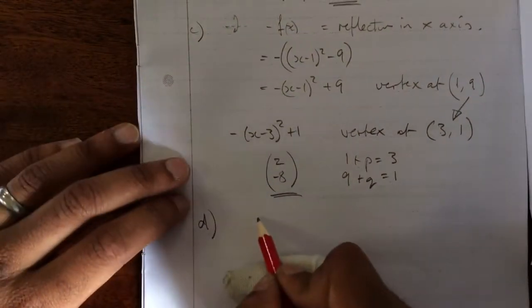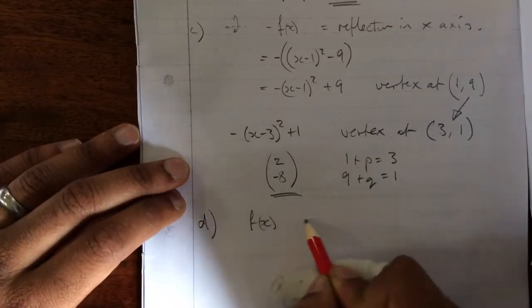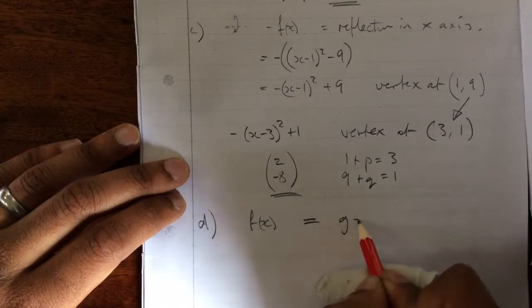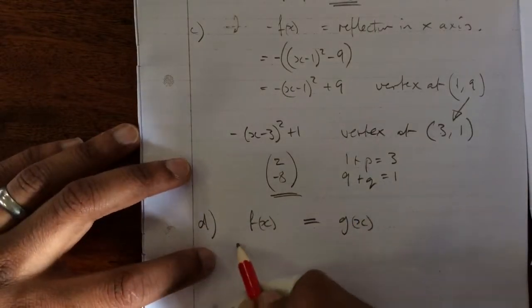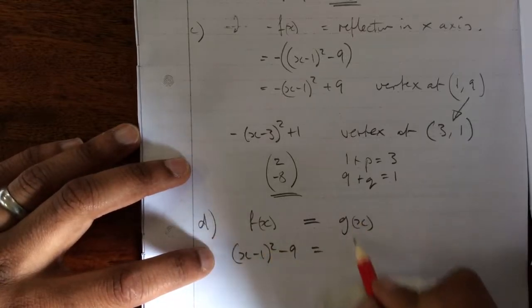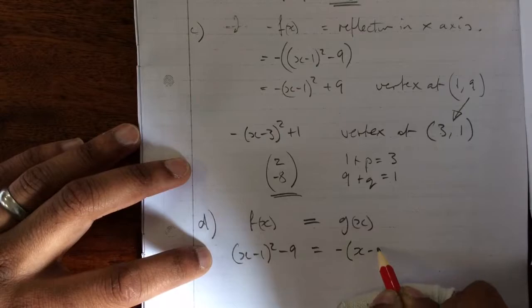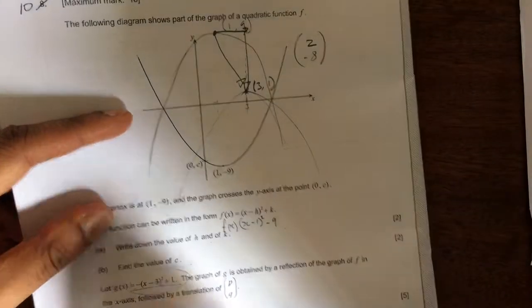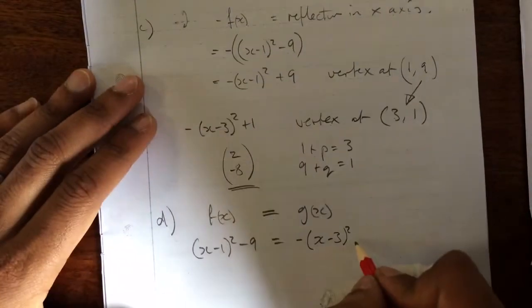Graph f is f of x, and that's going to be equal to g of x, because we're going to have a simultaneous equation. x minus 1 squared minus 9 is equal to g of x. g of x is minus, x minus 3 squared, and then plus 1.